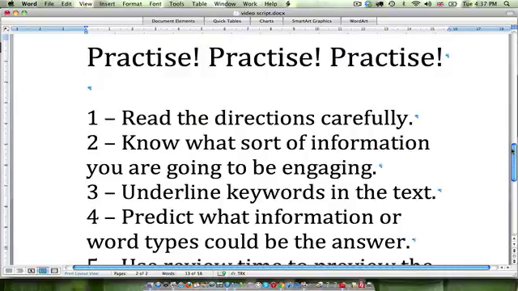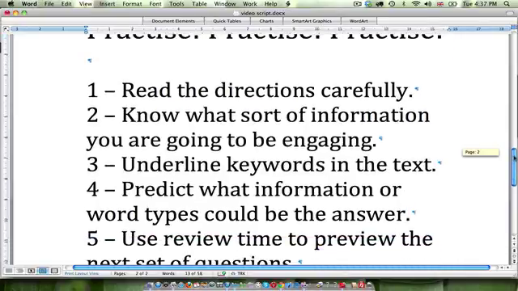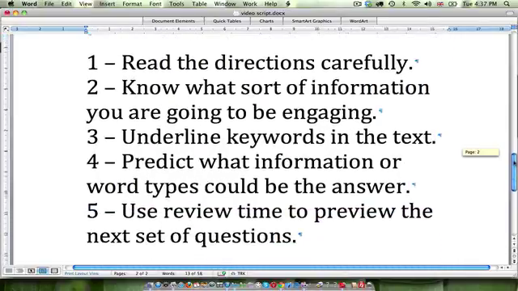The successful IELTS candidates I've talked to in interviews at IELTScast.com all say the same thing, that practicing as many tests as they can is the key to getting a good score on the exam. So practice, practice, practice.